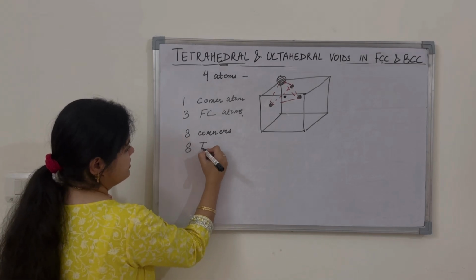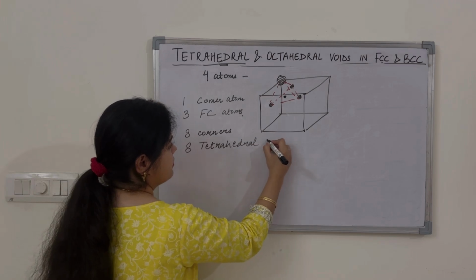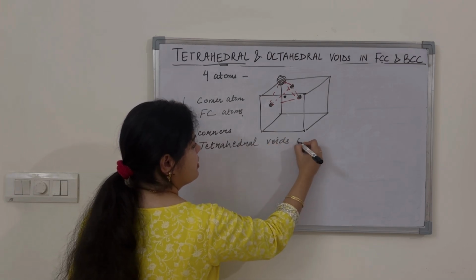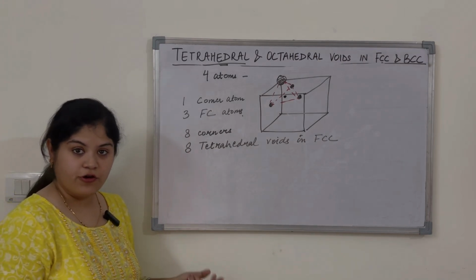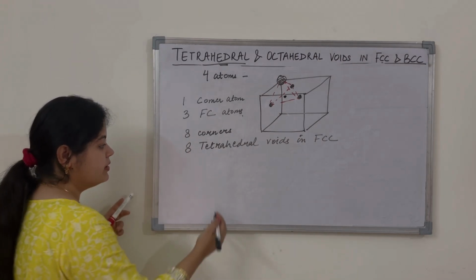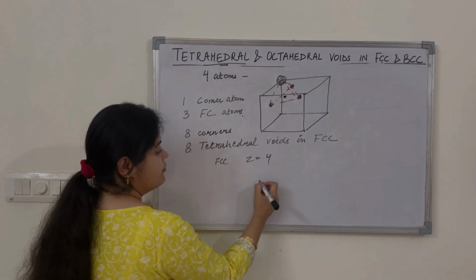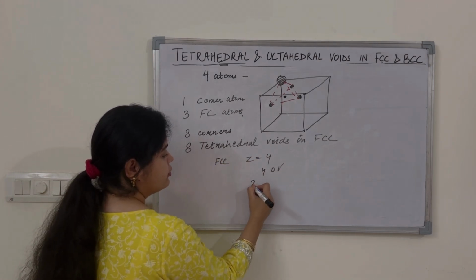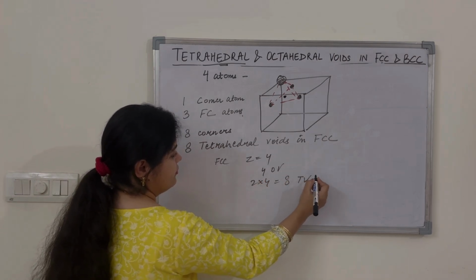So we have 8 tetrahedral voids in the FCC unit cell. So for you, it's very easy to remember: if in FCC Z equals 4, we have 4 octahedral voids, and 2 into 4, that is 8 tetrahedral voids.